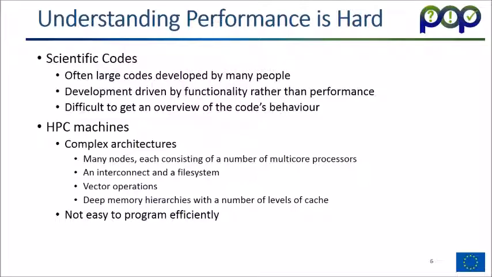At the very low level, we have vector operations to consider and programming to make code vectorizable. And at the memory level, we have very deep memory hierarchies with several levels of cache to consider when writing the code. So I think the upshot of all this is it's not easy to program efficiently.